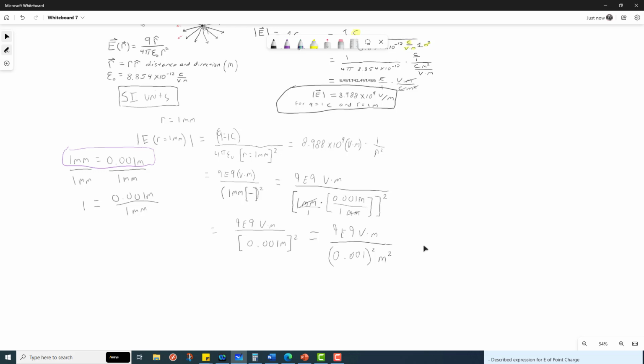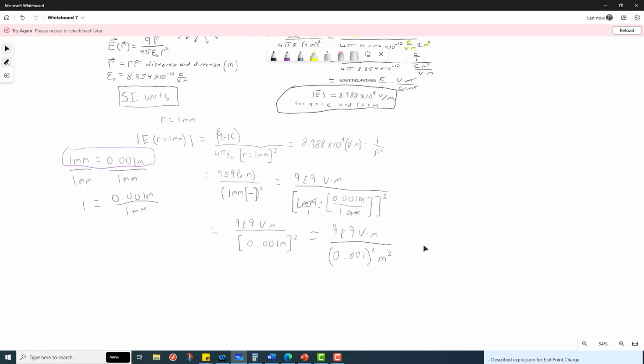And now you can see here we're going to get another cancellation of units. So I can say 9E9 volts meter, or, well, let's just write it out. Let's do the squaring here. 0.001 squared is the same as 1 times 10 to the negative 3 squared.